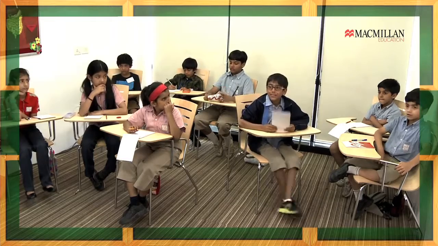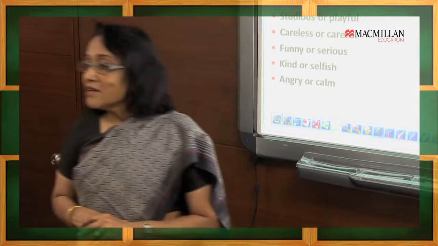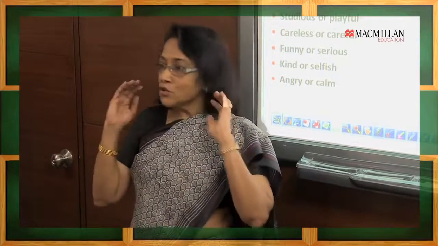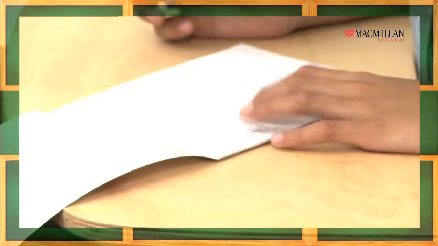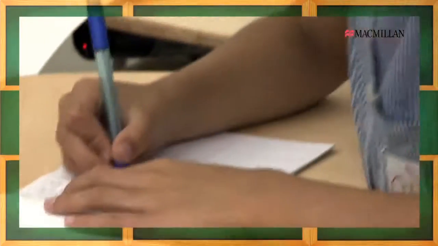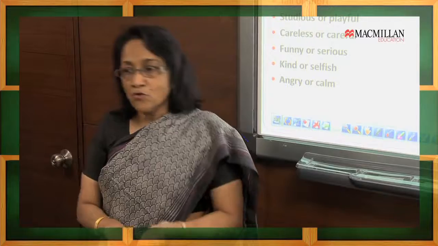Do the spellings. We have to check our spellings, we have to check our punctuation. We can change a few words if we feel like it now, because when you wrote your first draft, you just wrote it, you pulled out sentences out of your head, right? Now you have to look at it a little more closely, check the spellings, check the punctuation, and if you want to improve, you can improve also.